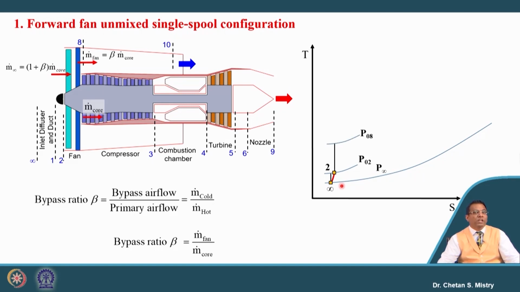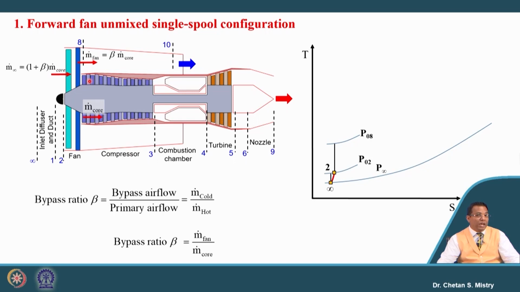Now, very first it will pass through the fan. This fan, we can see, comprises rotor and stator. Many times people say vanes also, but you can say it comprises a rotor and stator configuration, where I will have the rise of pressure from 2 to 8, or P02 to P08.